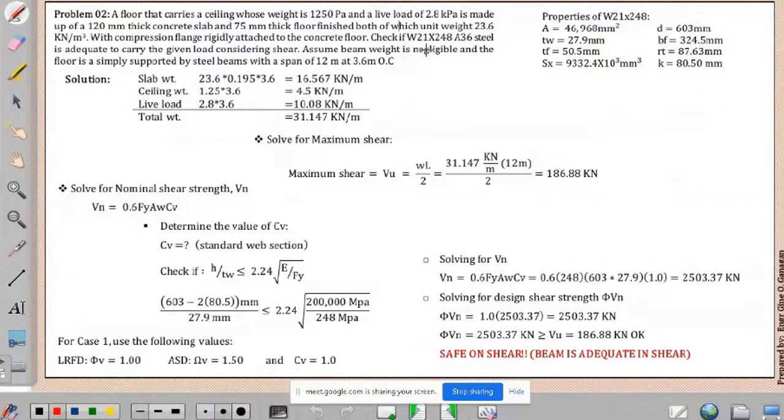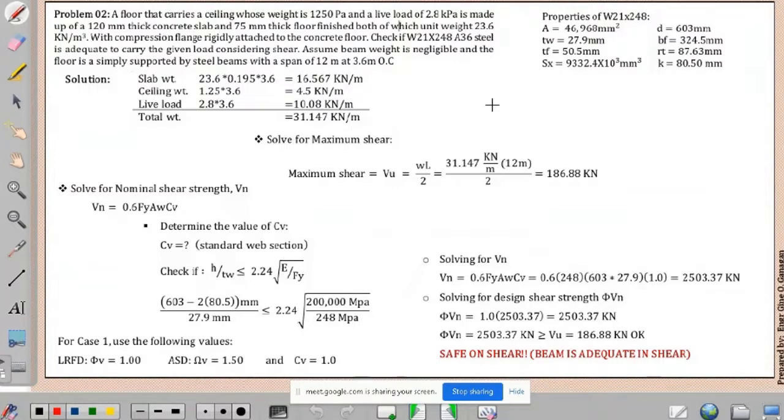We have to check if the W21 by 248 steel beam is adequate to carry the given load considering shear. So we just have to consider shear here. We assume the beam weight is negligible and the floor is simply supported by steel beams with a span of 12 meters at 3.6 meters on center.